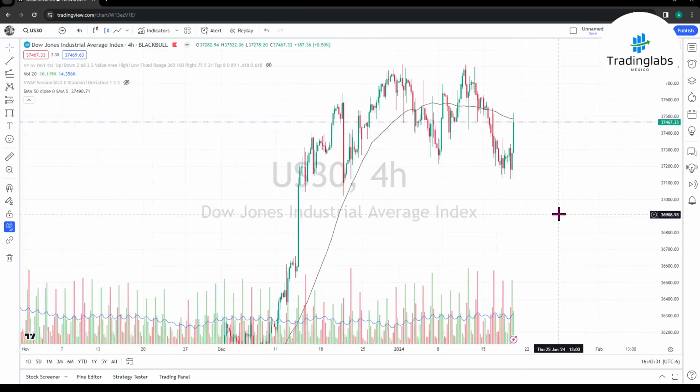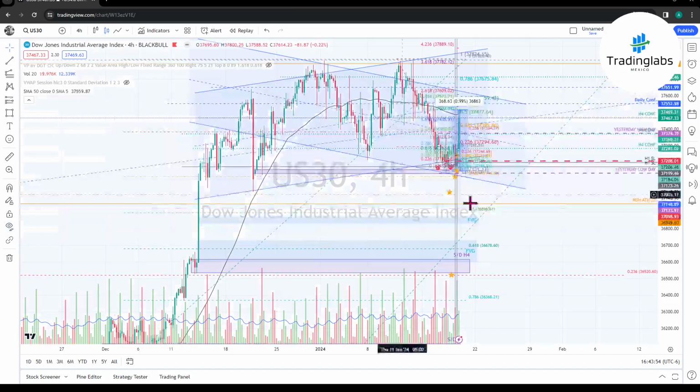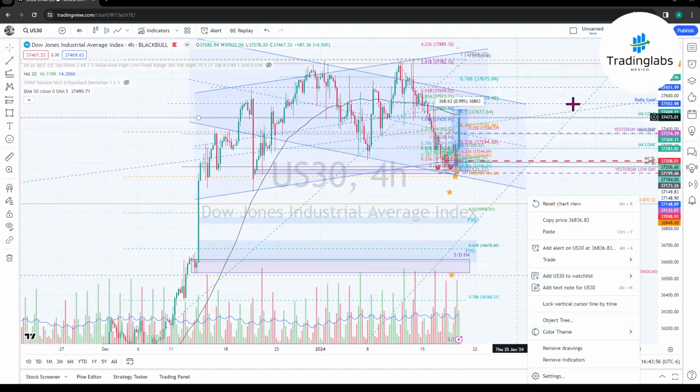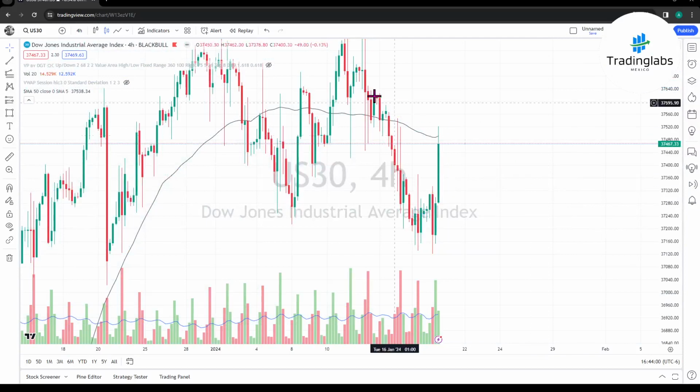Actually, maybe tomorrow, because look, this low killed, made an equal low of this one, equal low of this one, and killed the liquidity of this low. Maybe shooting up to, I'm gonna remove drawings.